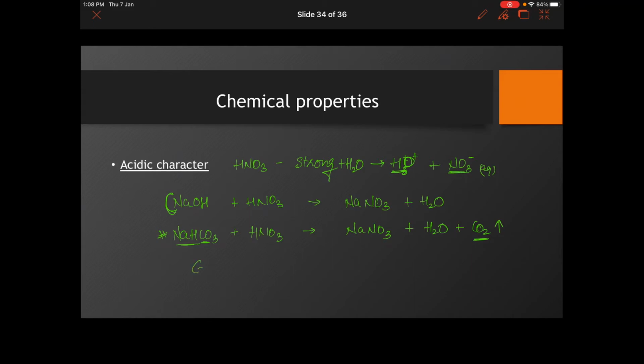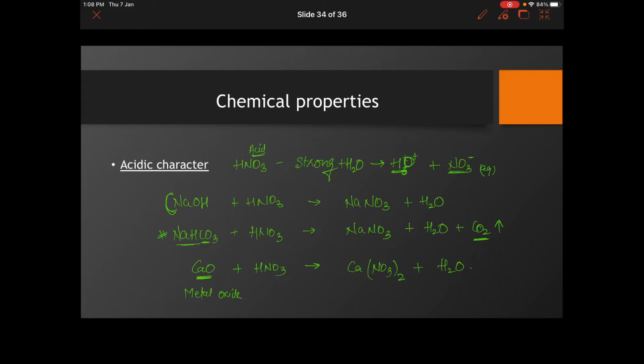Similarly, we talk about calcium oxide, and metal oxides are basic in nature. So all your metal oxides will also react with HNO3, and they are again going to form the nitrate salts of the metal, and water is going to be released.